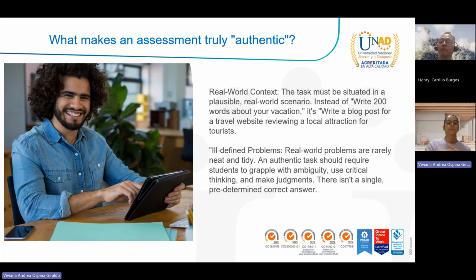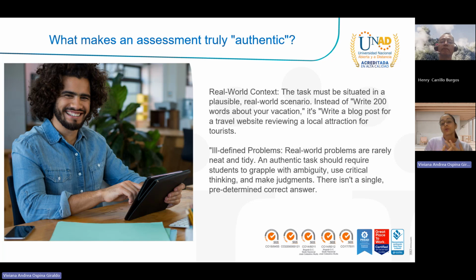Another thing that makes a difference in assessment, which is authentic, is defined problems. These defined problems are real world problems and are rarely tidy or easy to solve. An authentic task should require students to grapple with ambiguity.